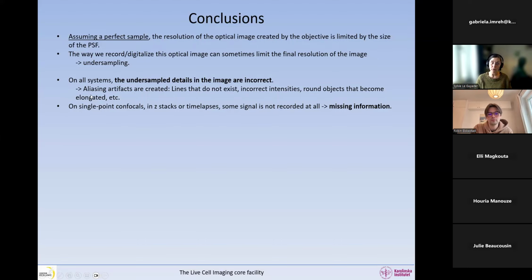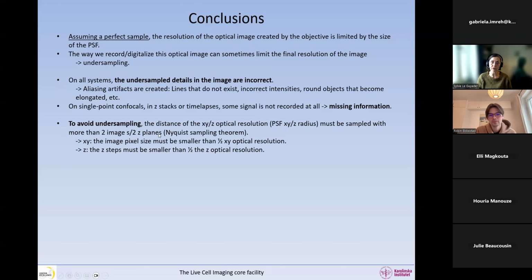On the single point confocal, when we acquire Z-stacks or time lapses, some signal is not recorded at all. So we have missing information, okay? Because we jump from one spot to another, we jump from one Z-stack to another, and we only record at the time point. So we may miss information if we do not sample enough.